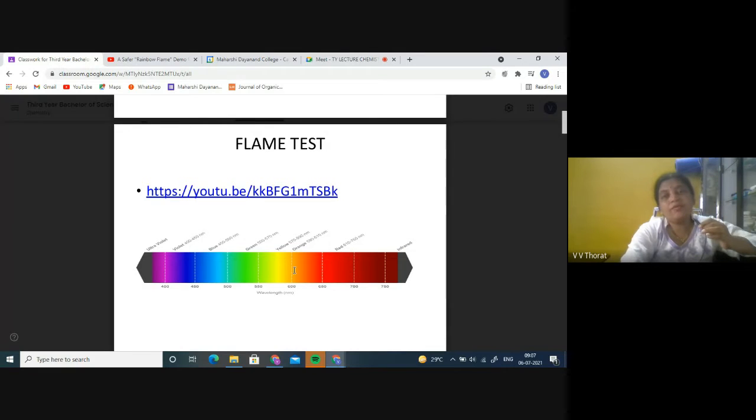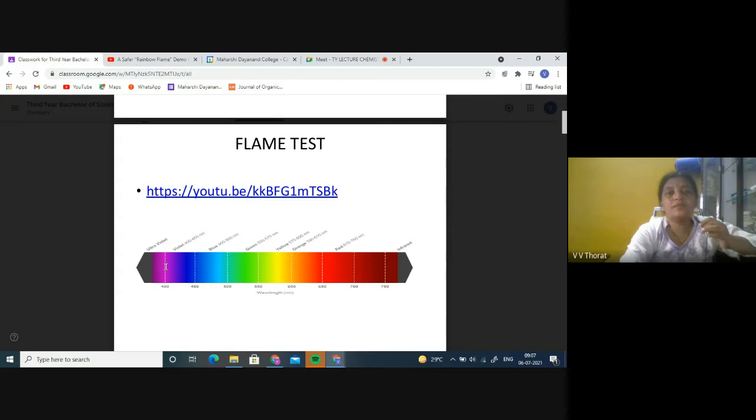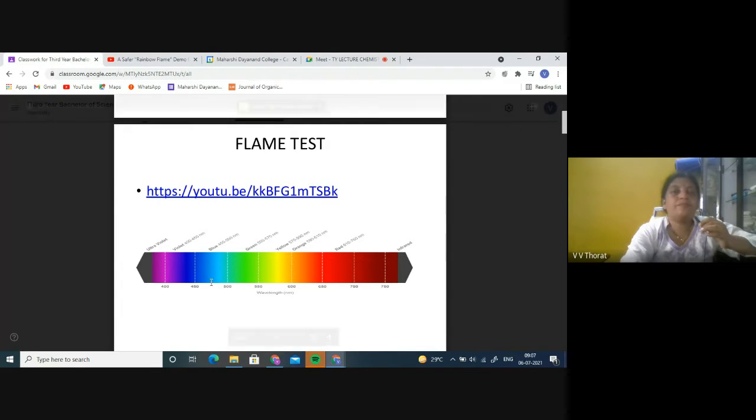So instead of that, what we do is, here is the visible region of the spectrum. We always study in nursery class: violet, indigo, blue, green, yellow, orange, red. These are the colors of the visible spectrum. If the instrument shows wavelength 400, it means it is pinkish violet.